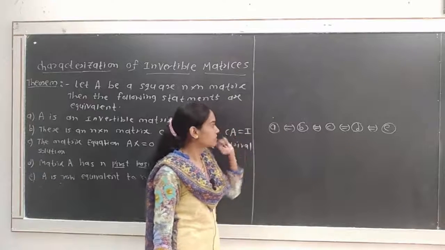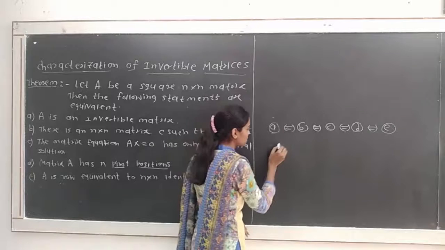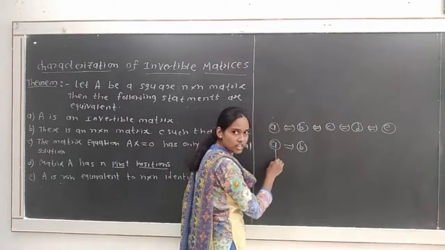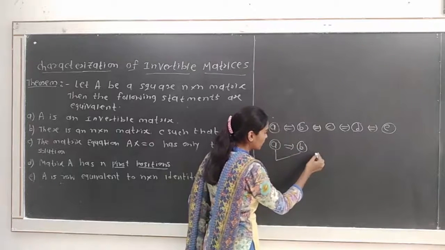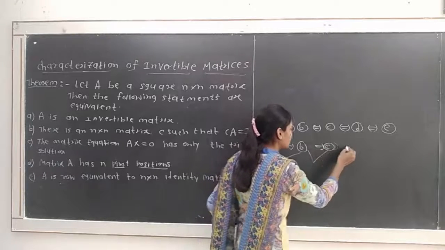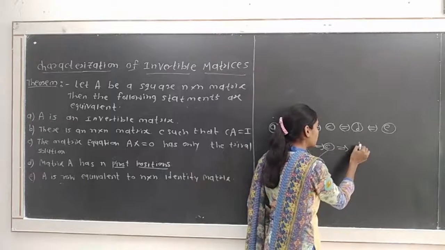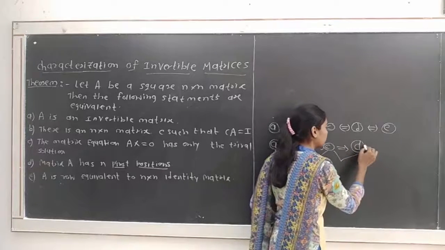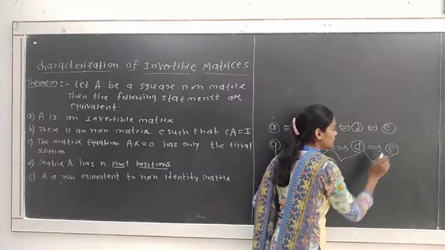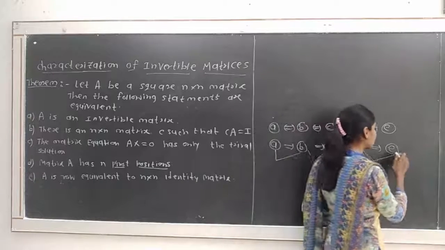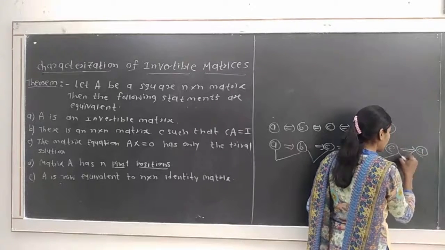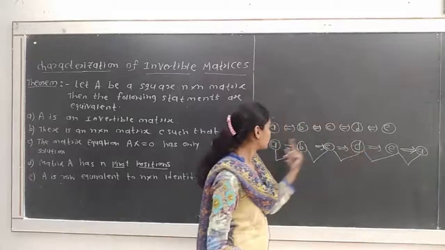If we prove it in this way, that is A implies B, here we consider statement A and from that we prove B. Then we consider B and from that we show C. Then we consider statement C and from that we show statement D. Then we consider statement D as given and from that we show statement E. Then in the last, if we consider statement E and from that we show statement A, then we get that these are all equivalent.